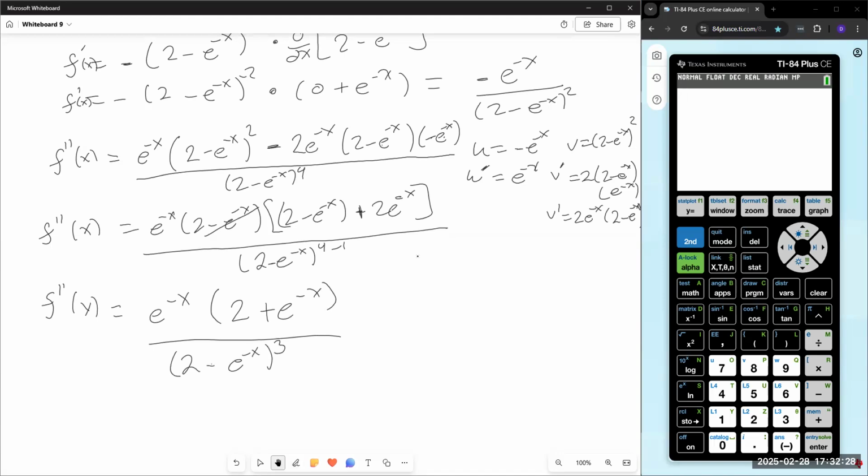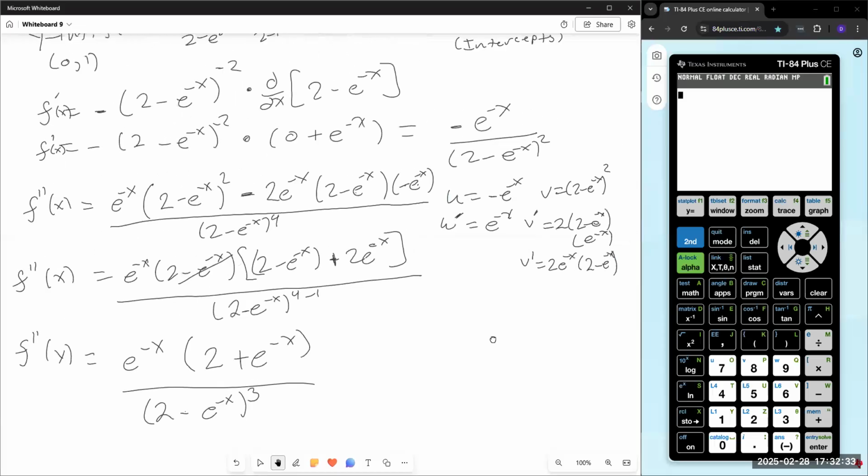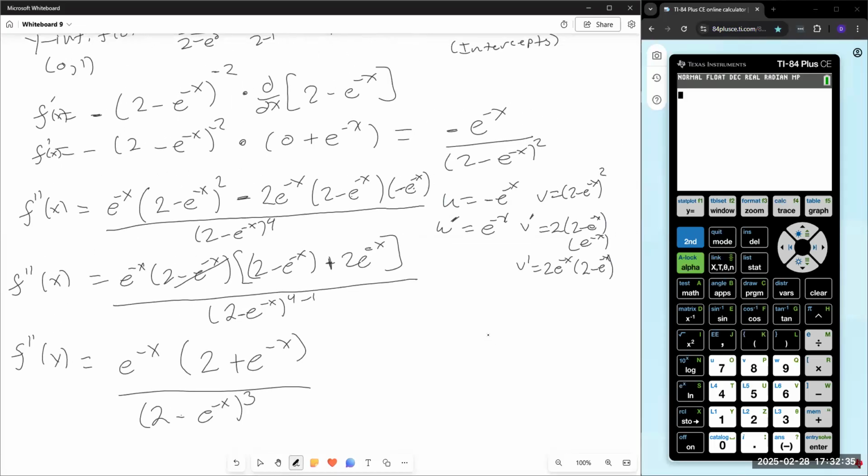All right, so now we're interested in extreme values, which would be from zeros of the first derivative. Well, e to the negative x looks like this and is never going to equal 0. 2 minus e to the negative x is going to have a 0 at negative ln of 2.